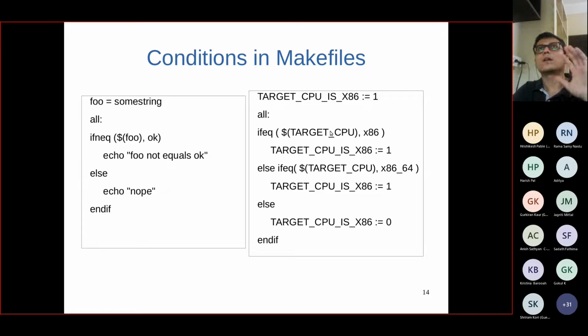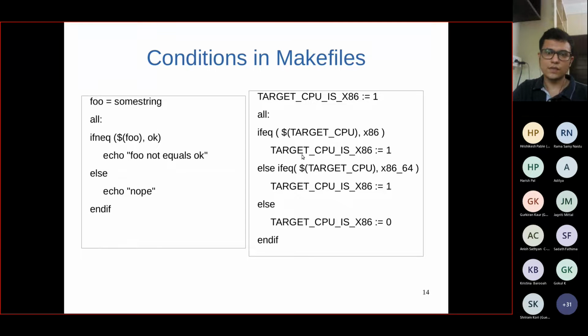So there is this variable TARGET_CPU which is there somewhere. Let us assume that it stores which type of CPU it is, in the form of some string. And we are checking if that value is x86 or not.